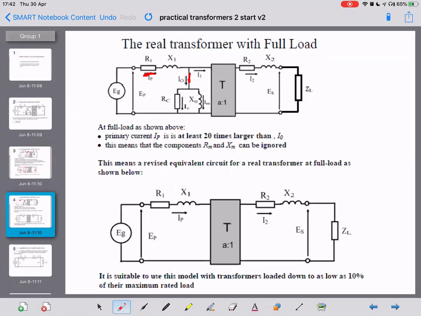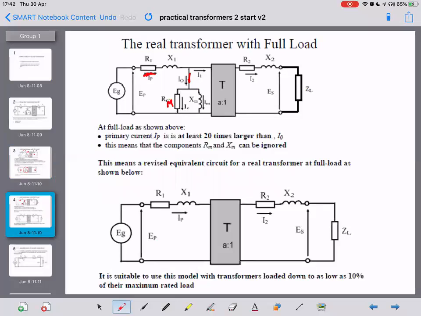This means that the components RM and XM can be ignored. Their effect is so small at full load that we can take them out, which is what we've done in the bottom diagram.